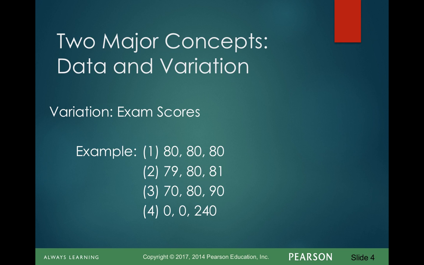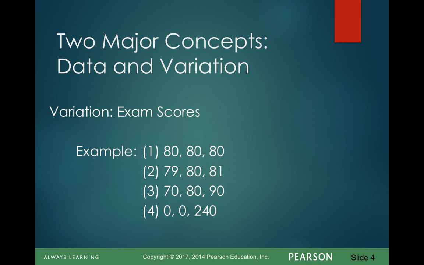So if you think about having a class of 3 students, class number 1 scored 80, 80, 80, average of 80. Class number 2, 3 students in that class, 79, 80, 81, average of 80. The same thing with the third class. I don't know really how you'd score a 240 on an exam, but let's say it was a 250-point exam, whatever. I'm stretching here, so cut me a little slack.